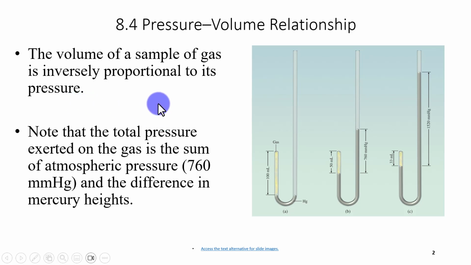Note that the total pressure that is exerted on the gas is the sum of the atmospheric pressure and the difference in mercury height. If this is the atmospheric pressure right here, 760 millimeters of mercury, and that is the pressure that is exerted from the gas, then it's going to be the difference in the mercury heights.